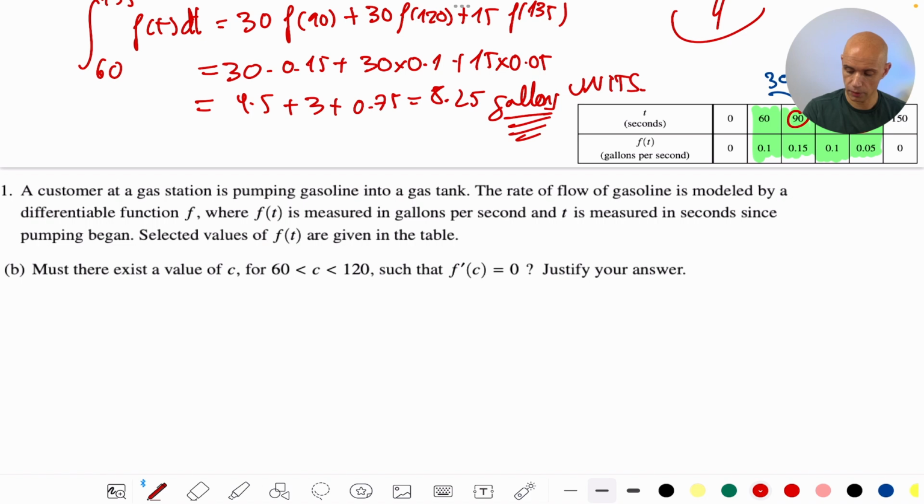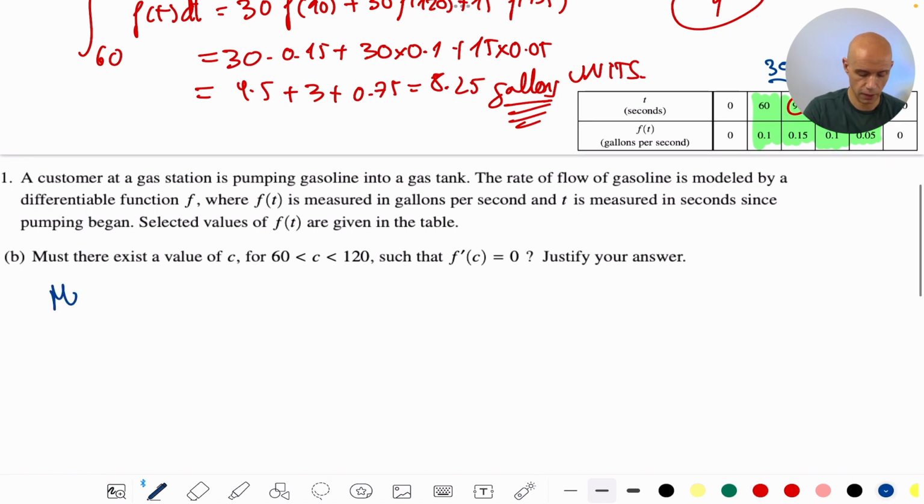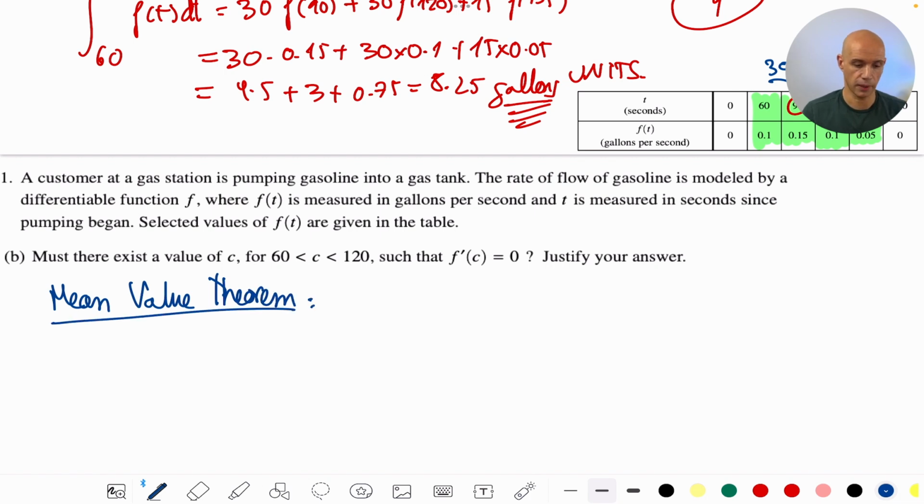What is the mean value theorem? You can use other theorems like Rolle's theorem too, but the point is the following, and it's very useful to have this one. You only need one of them, so this one is more general.